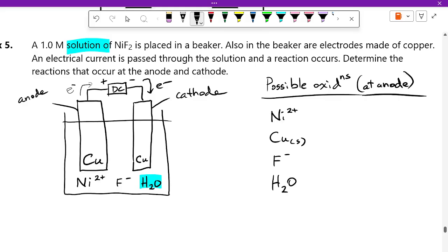So one thing you can do is you can simply list out all the things that are in the beaker that could possibly be oxidized. And then you can go through and cross out anything that couldn't be oxidized. You can just list everything that's there and then say, I know that this cannot be oxidized. Do we have any that cannot be oxidized?